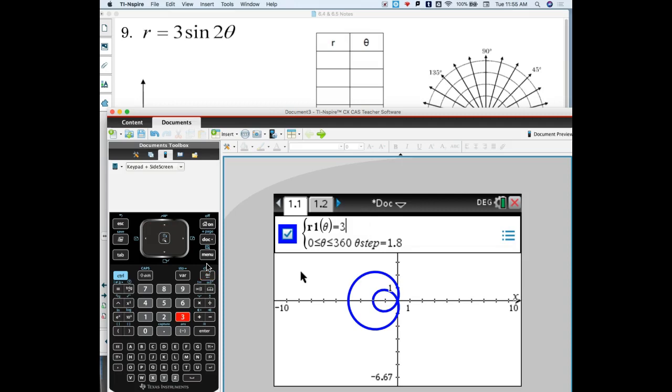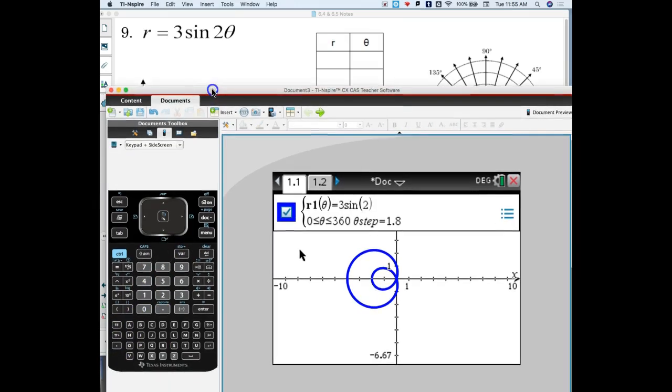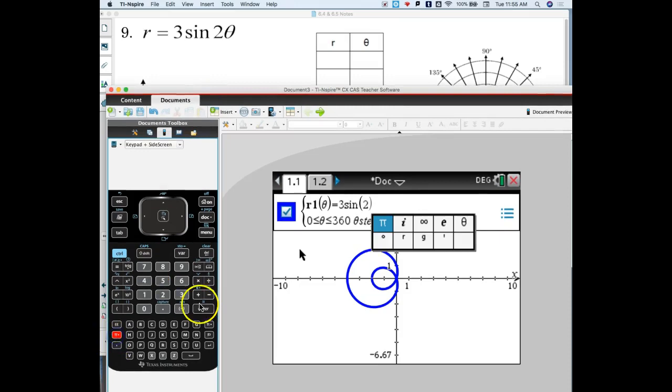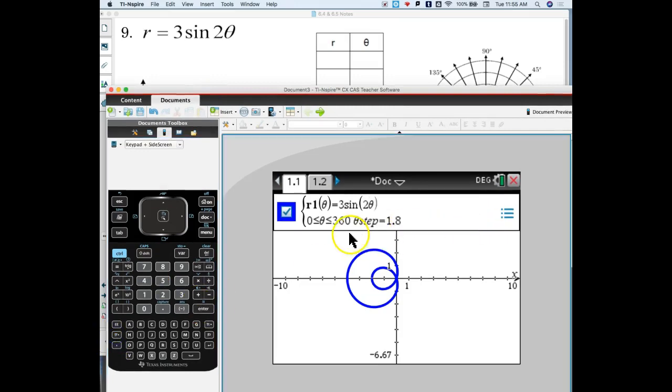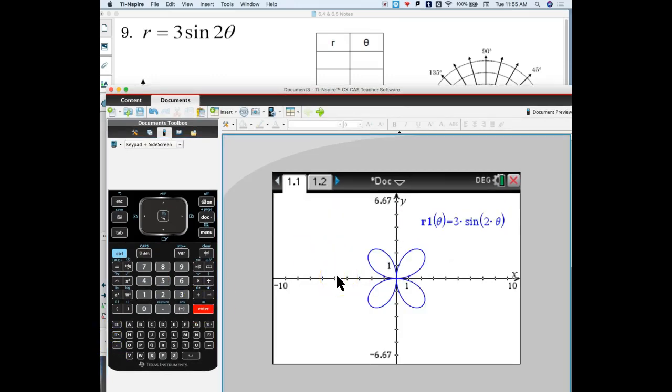So it should have looked like 3 sine of 2 theta. So it should look like that.